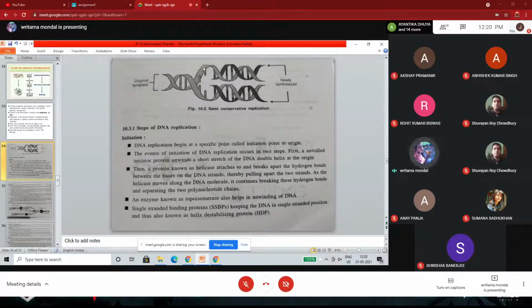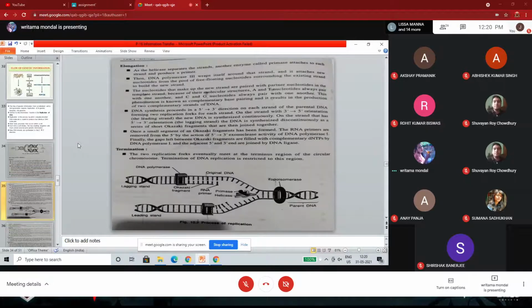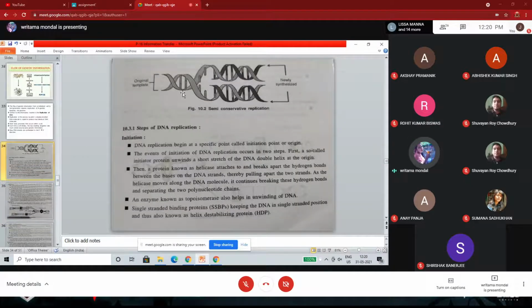Helix destabilizing, it doesn't help to form the helix. DNA could again form the helix, but because of this single-stranded binding protein or helix destabilizing protein, the helix is destabilized by keeping the single-stranded position. So DNA is unwound or uncoiled.